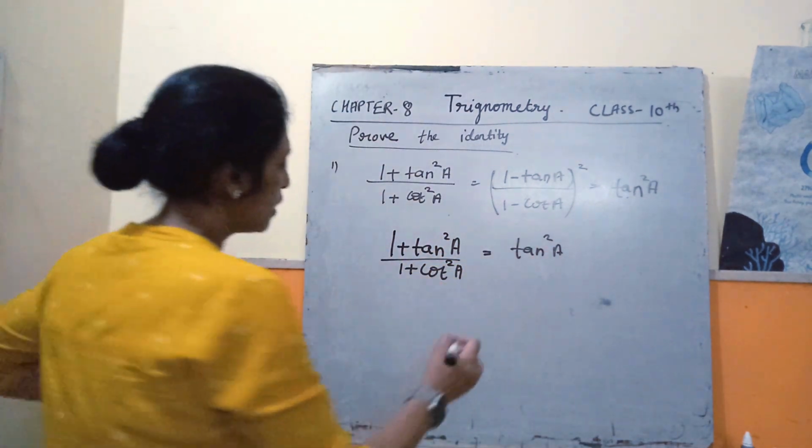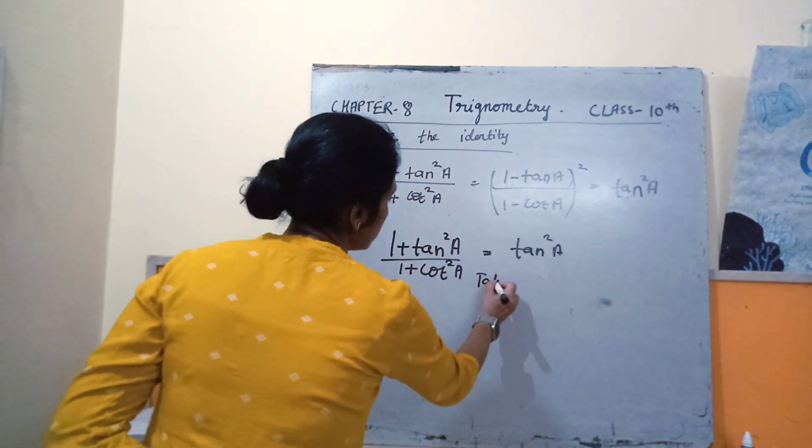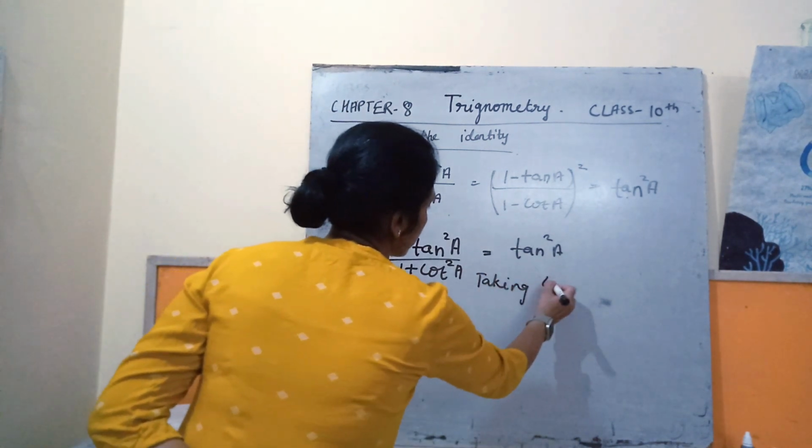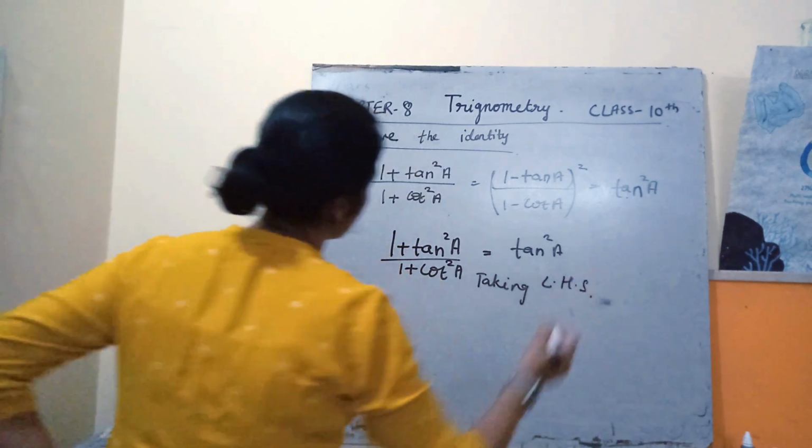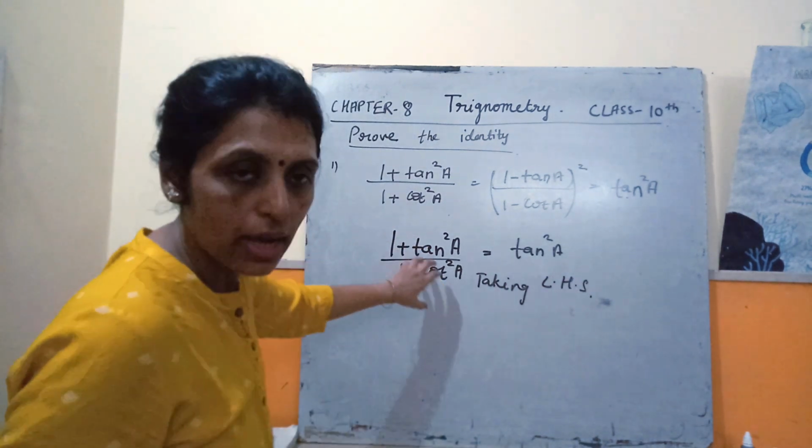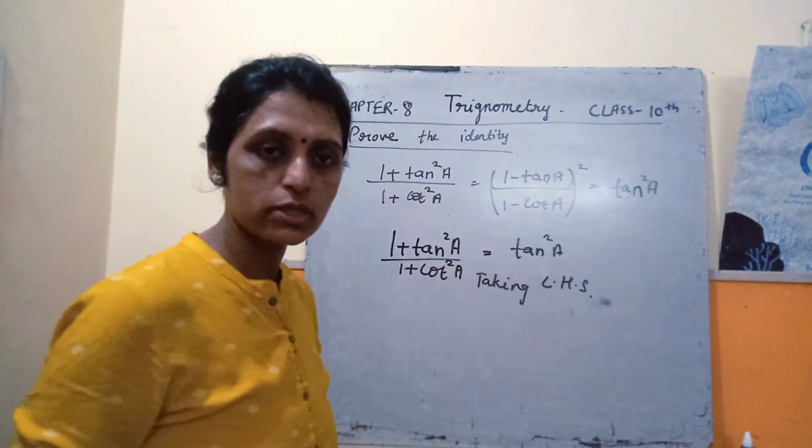So in this I will take the left hand side. It is given (1 plus tan square A) upon (1 plus cot square A).